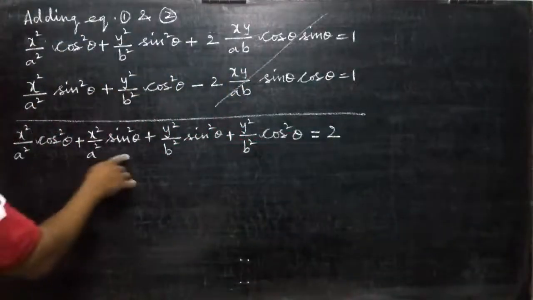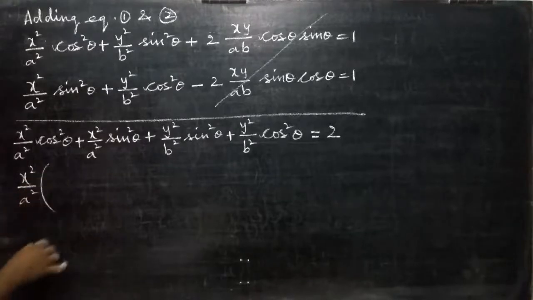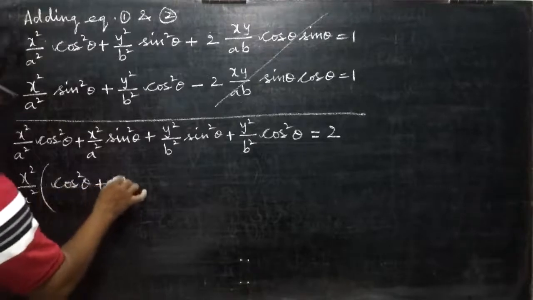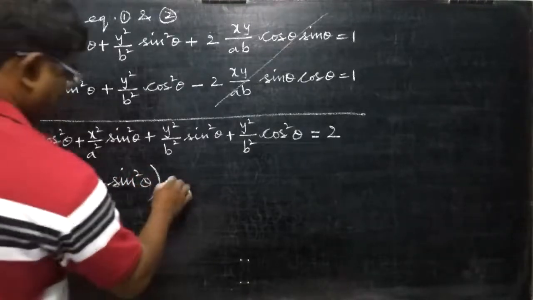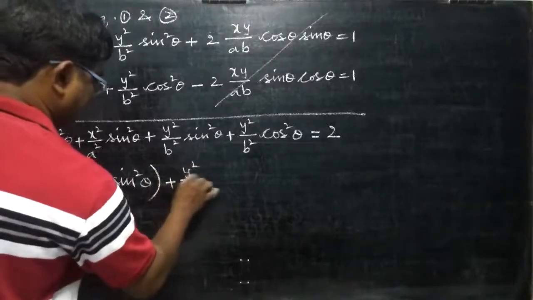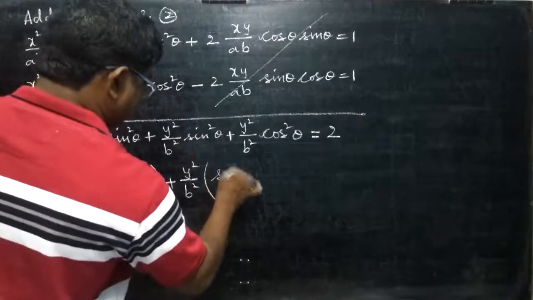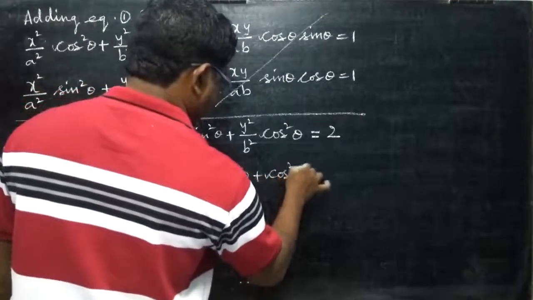Now from the first two terms, x square by a square is common, and cos square theta plus sin square theta remains. What is this? Identity. From the next two terms, y square by b square I am taking common. What is left? Sin square theta plus cos square theta is there in the bracket.